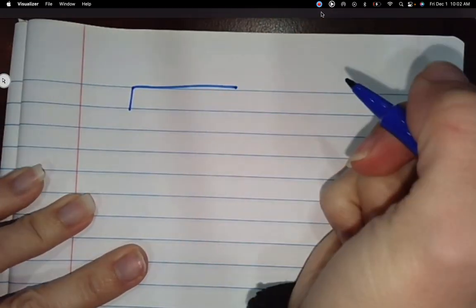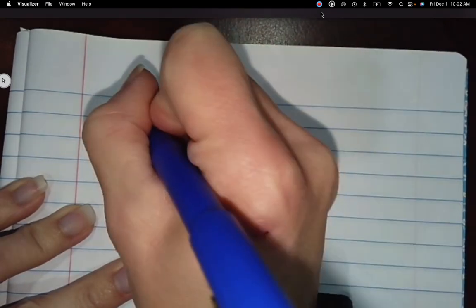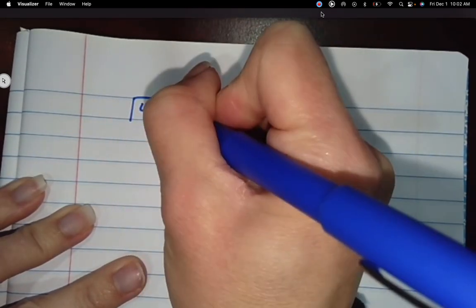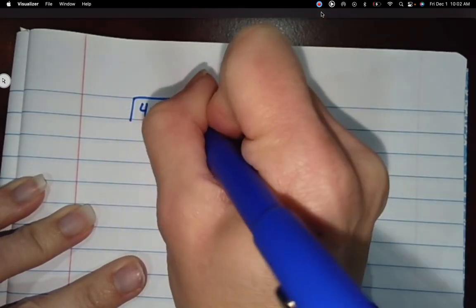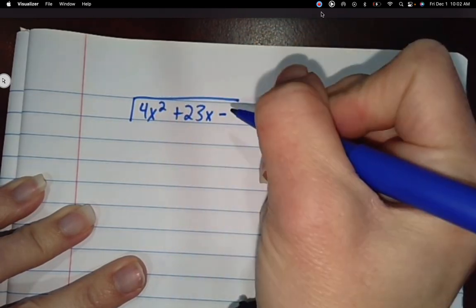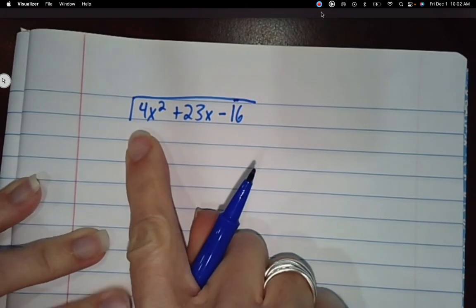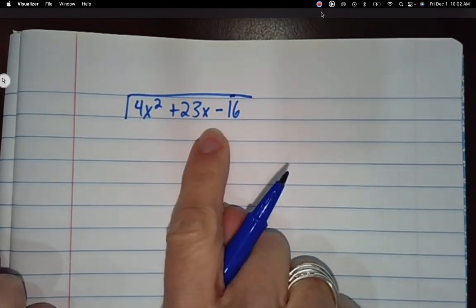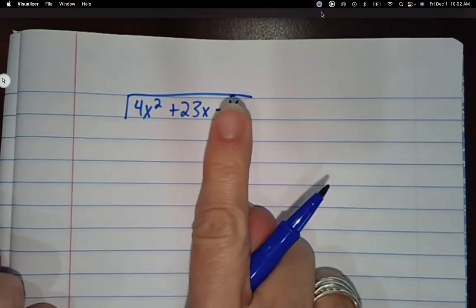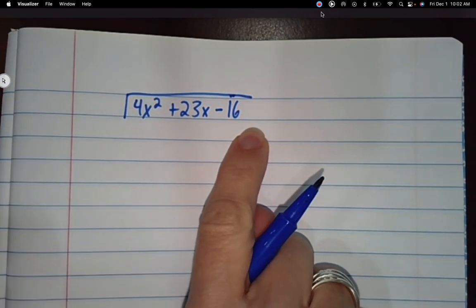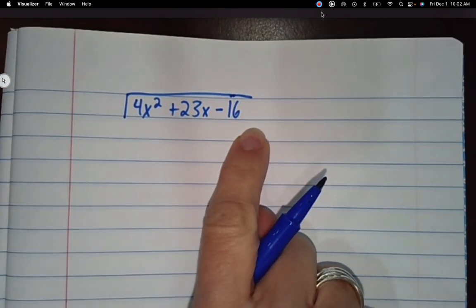So now I'm going to put under my little division sign 4x squared plus 23x minus 16. And y'all look, notice it has an x squared. It has one x and then it has no x. You have to put them in order, okay?